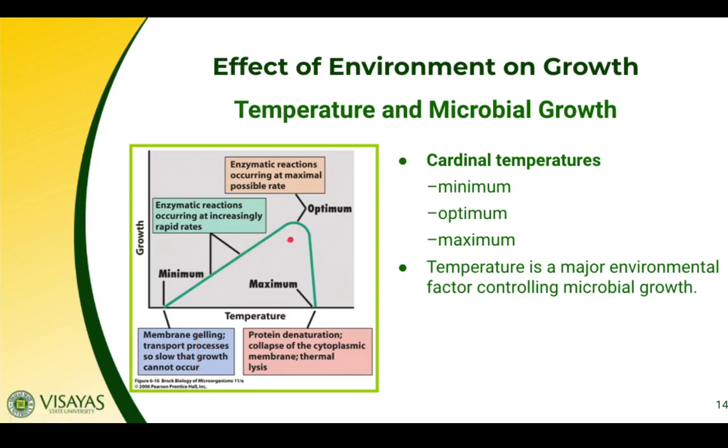At the optimum temperature, the enzymatic reactions are occurring at the maximal possible rate, while the maximum temperature is when the microorganism's proteins are denatured and there is a collapse of the cytoplasmic membrane, which will cause thermolysis. Temperature is a major environmental factor that controls microbial growth.